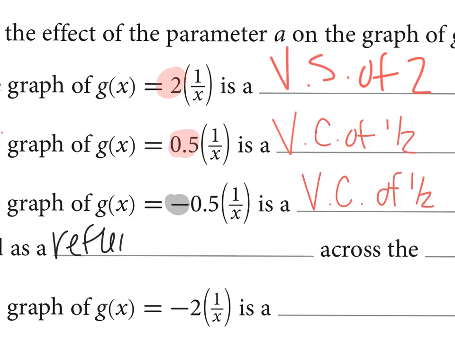Reflect over the x-axis. It's going to change all your y's. What y's were positive, it's going to make negative, and what y's were negative, it's going to make positive. It's flipping over the x-axis, but it's changing the y values.